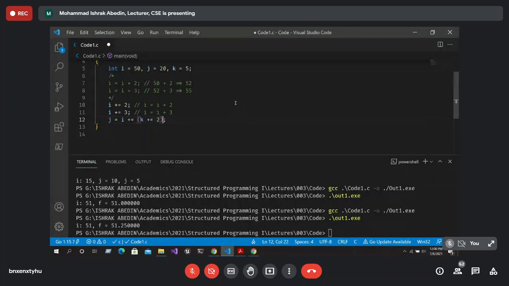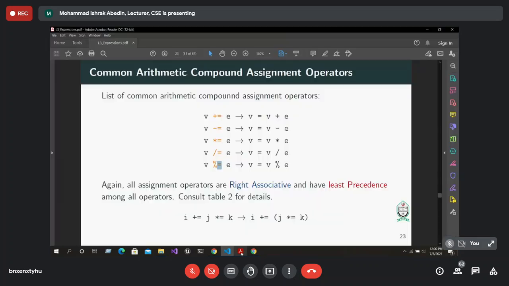So this one will be evaluated first, and k will become 7, and then I plus equal to 7 will be evaluated, and I will become 57, and then j is equal to 57. This is not plus equal to, this is just simple assignment. So j will simply become 57 after this. They are directly evaluated from right to left.